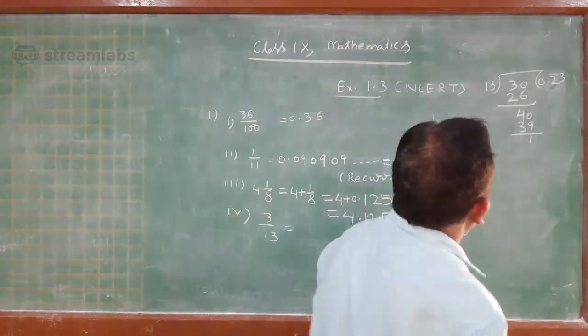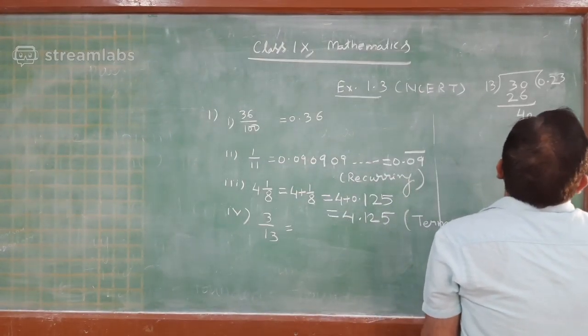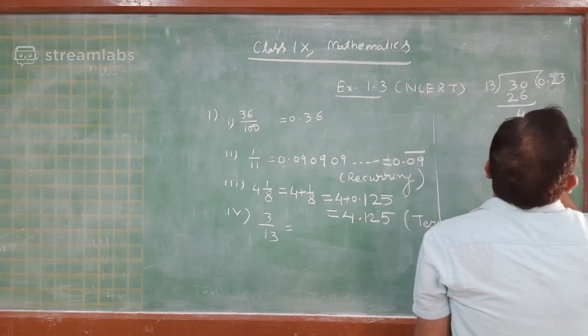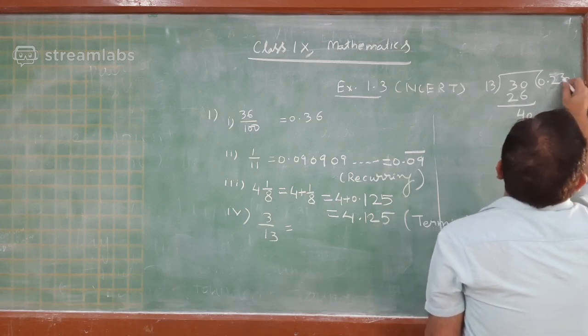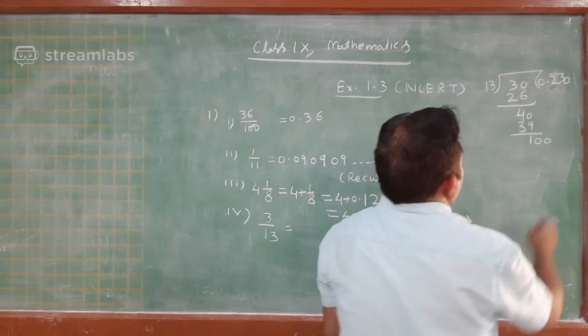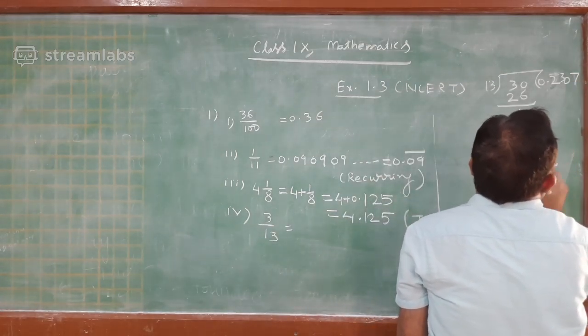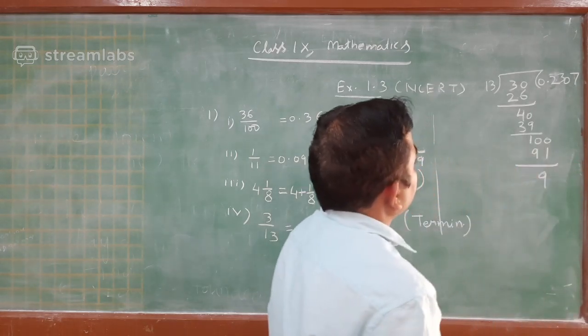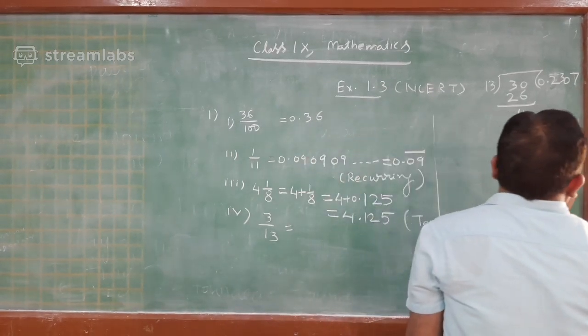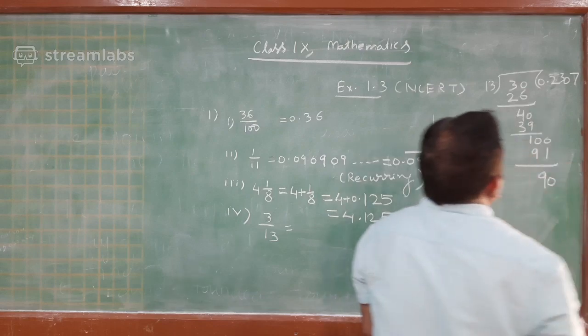Furthermore, division. Sevens are 91, 9, 10, 90.